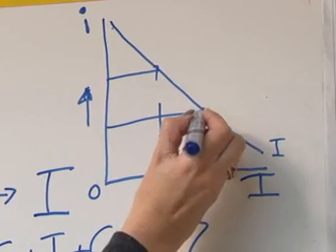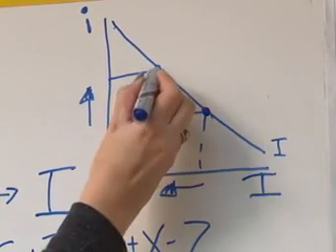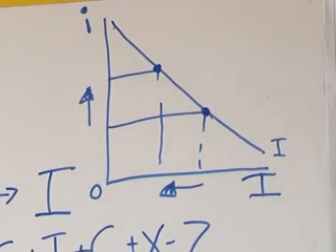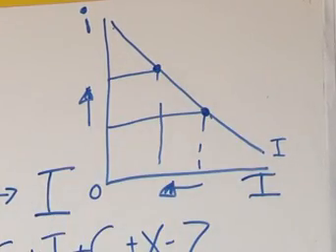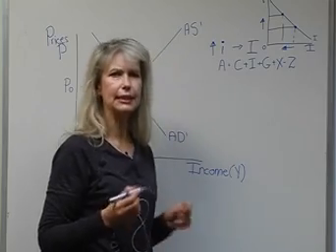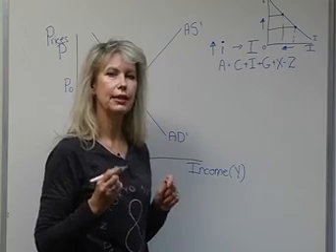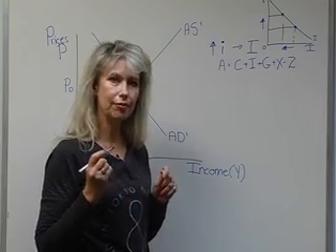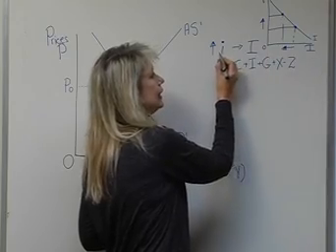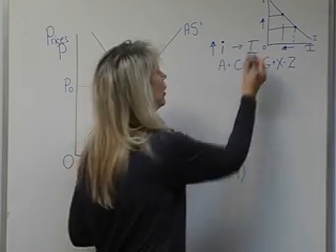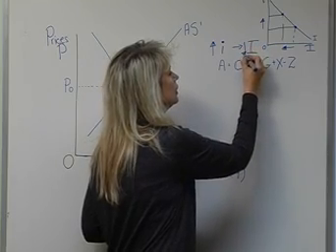Why is that? At a lower interest rate, there's going to be more investment than at a higher interest rate level. Why is that? It's because at a higher interest rate level, it's more expensive to finance your investment, so there will be fewer investment projects that will be viable. So we know now, due to the increase in the interest rate level, investment will decrease.